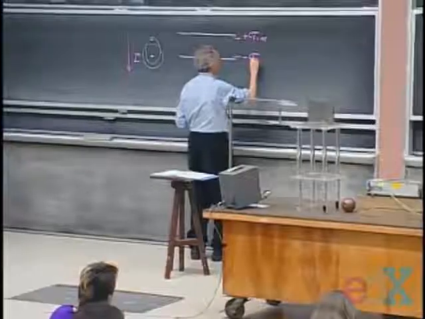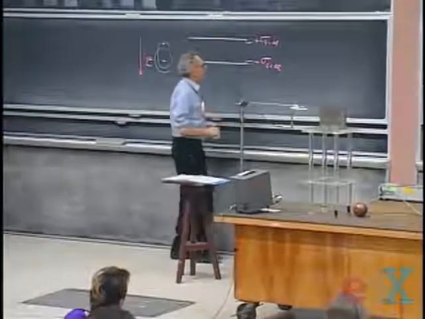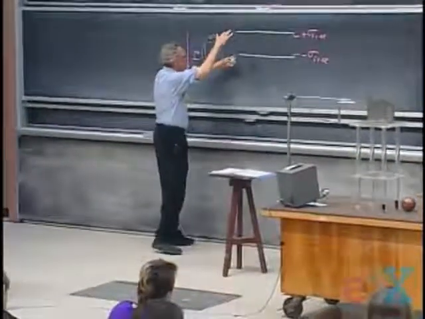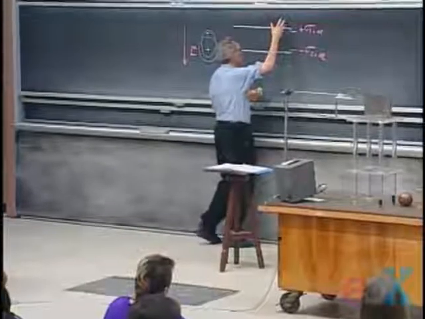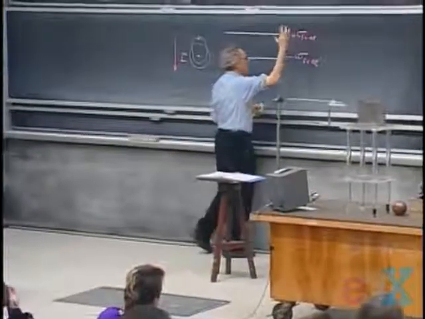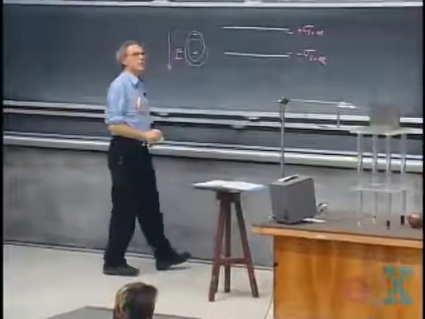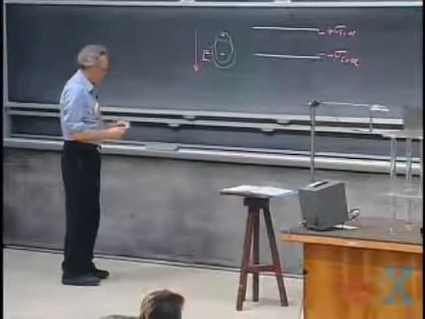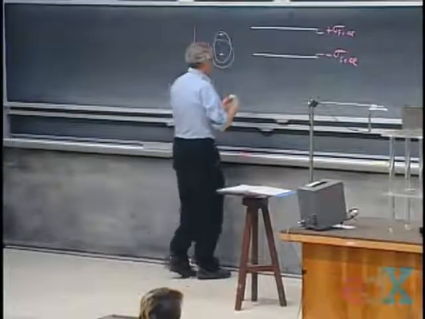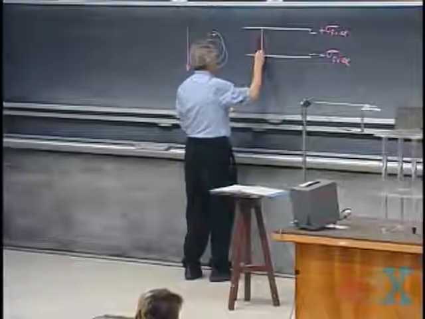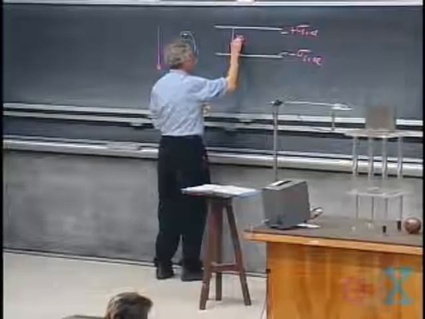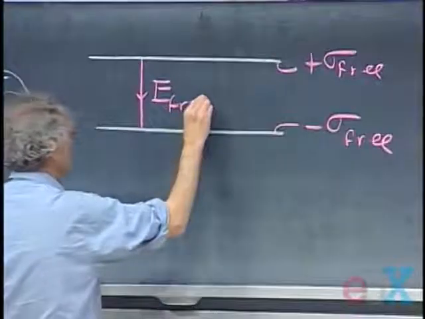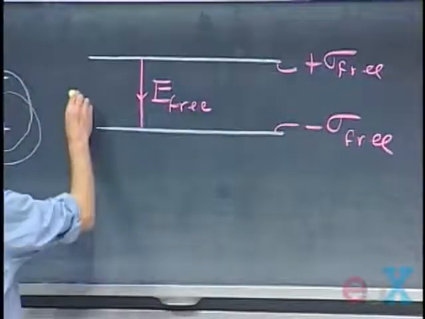You will see very shortly why I call this free, and this is minus free. So there's a potential difference between the plates, charge flows on there, it has an area A, and sigma free is the charge density, how much charge per unit area. So we're going to get an electric field which runs in this direction, and I call that E free. And the distance between the plates, say, is d.